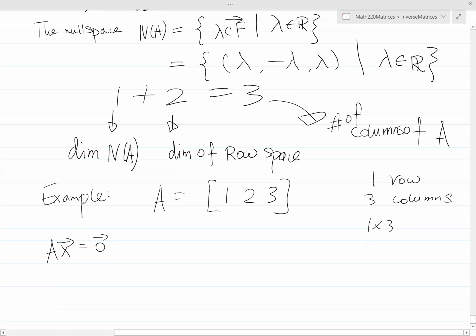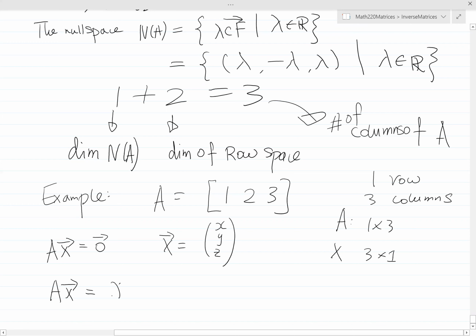Suppose X is x, y, z. In this case we have a dot product: EX is row times column.